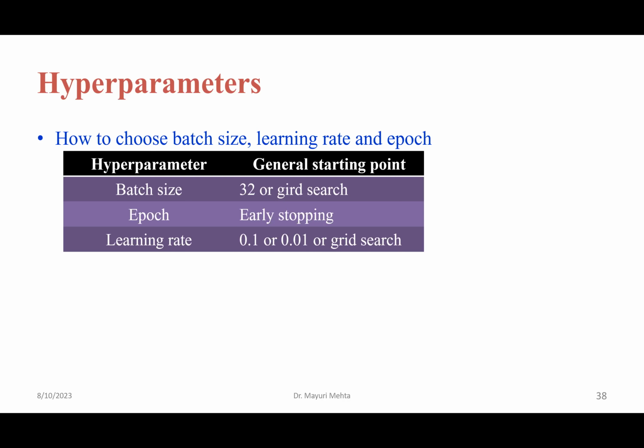In practice, we often set the number of epochs high and use an early stopping mechanism so that the neural network stops training when the improvement coming from updating its weights does not pass a threshold. That is how training of the neural network is carried out. So usually we set a high number of epochs and then use the early stop mechanism. Okay, so these are the three parameters.